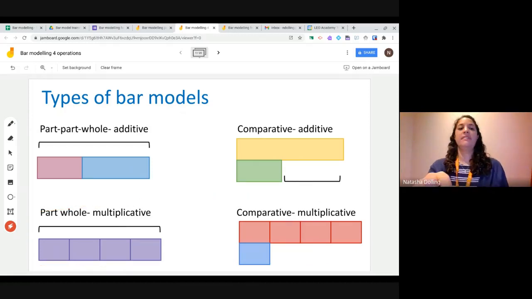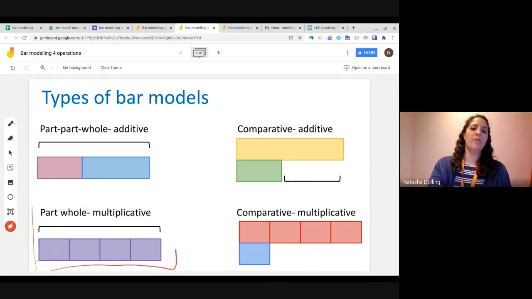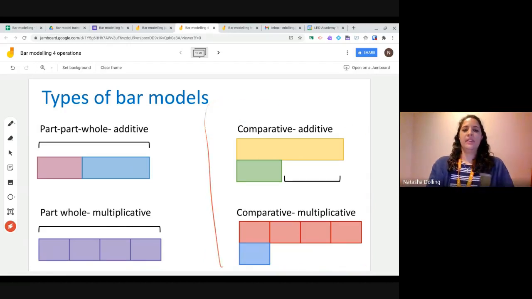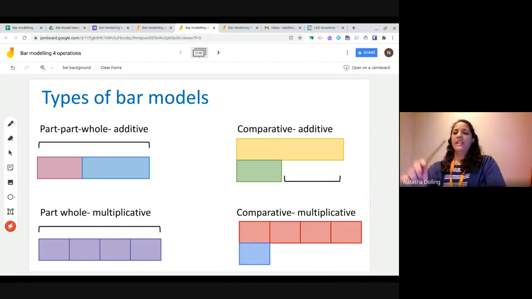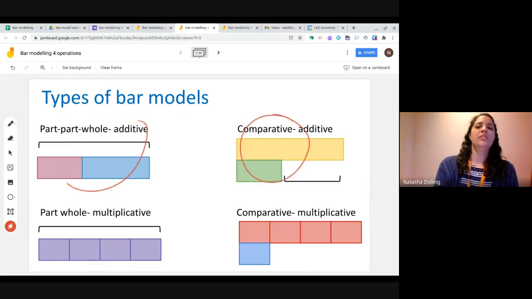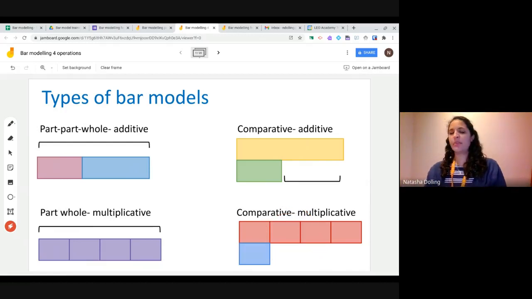Or you can think of it that there are 2 types of part, whole bar models, and there are 2 types of comparative bar models over here. So what is the difference between them? What I'm going to do now is go through each of these bar models, where you use it, where they come up, and what they mean.